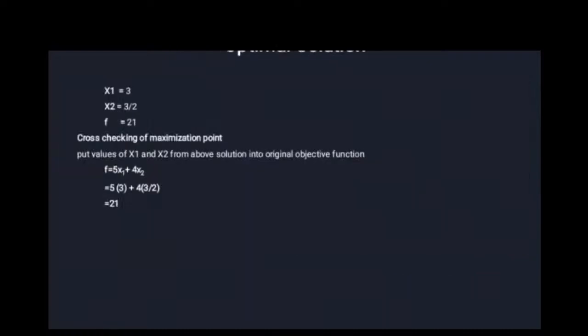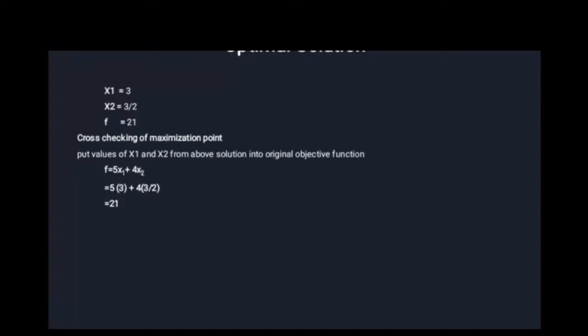We have to check whether the right hand side of the objective function is equal or not. We have to put the right hand side values of x1, which is 3, and x2, which is 3 by 2, into the objective function, where F is equal to 5x1 plus 4x2.